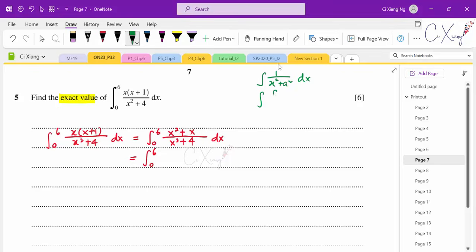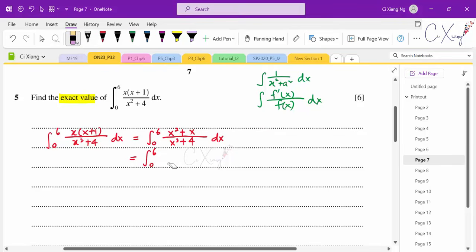We have learned how to integrate f prime x over f x. Or maybe we have learned how to integrate 1 over ax plus b. But this is not ax plus b, this is x squared plus a squared, right? So basically this is what we have so far.